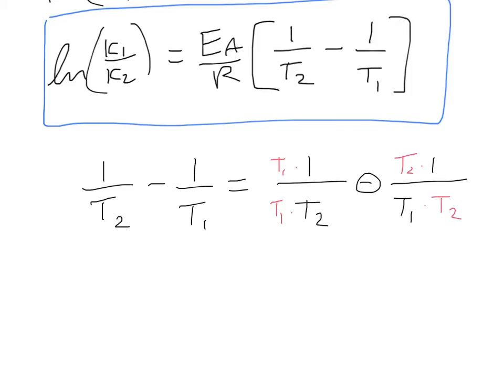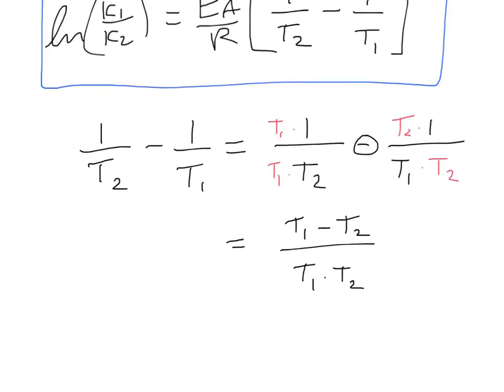So what's the point of doing all of this? Well, the point is that now we've got a common denominator. And so the bottom is T1 T2 in both cases. And we know with fractions, when we add or subtract them, we can just add the tops together as long as the denominator is exactly the same. So now we can rewrite this as T1 minus T2 over T1 T2.